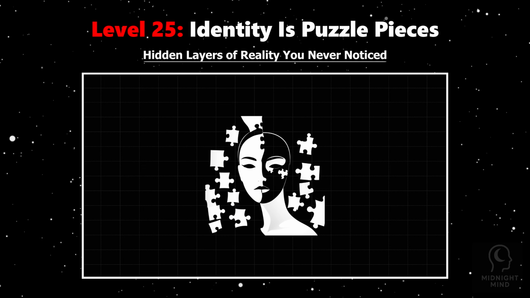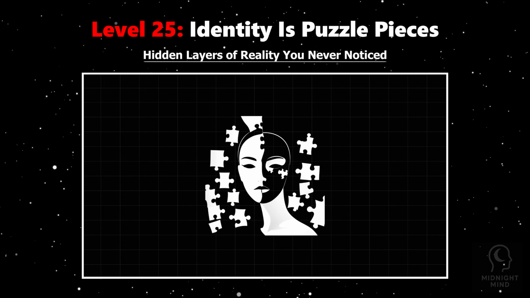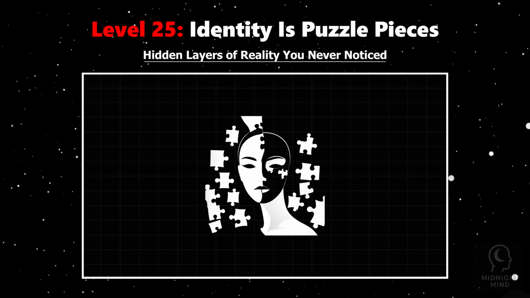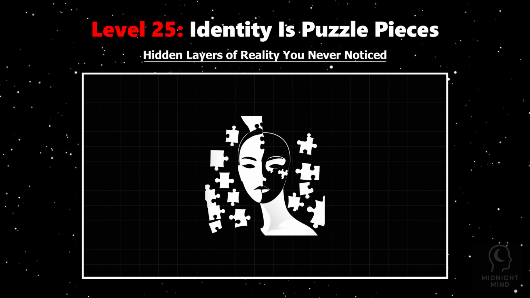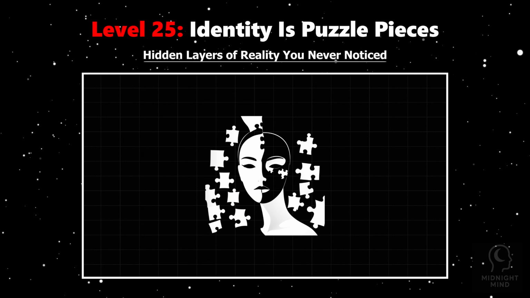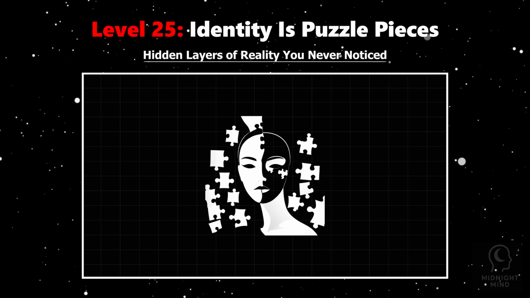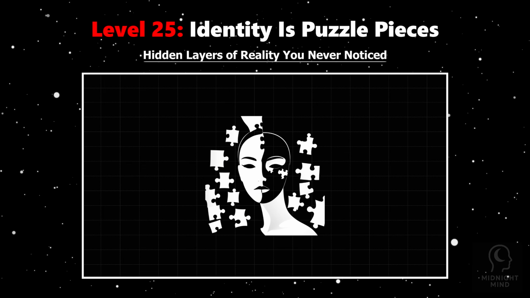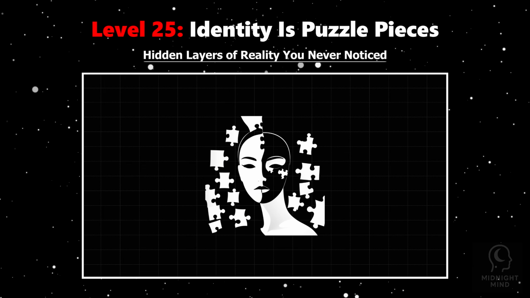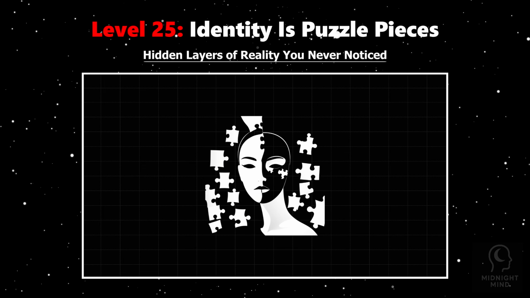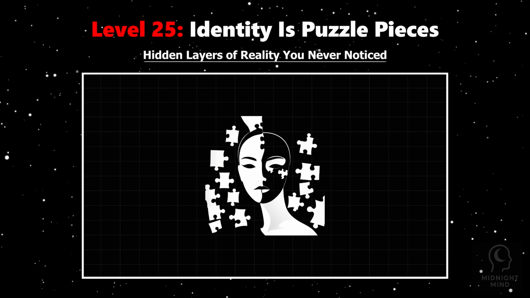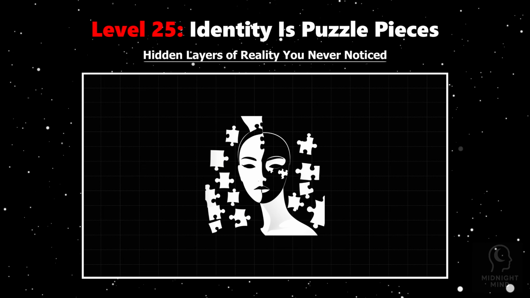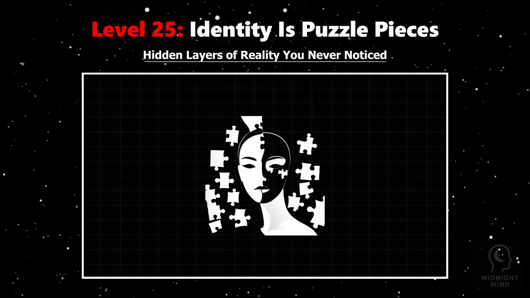Studies on dissociation and personality disorders highlight how trauma can fracture identity into distinct parts, each holding different memories or emotions. Even without trauma, daily life demands we adopt various roles, friend, partner, worker, that layer over each other. This collage is dynamic. Masks once worn to survive can become habitual, blurring where you end and performance begins.